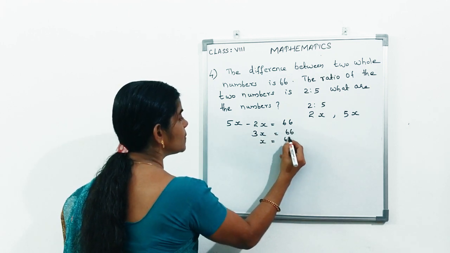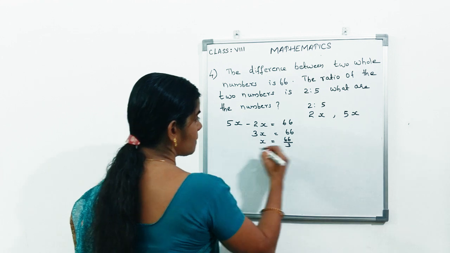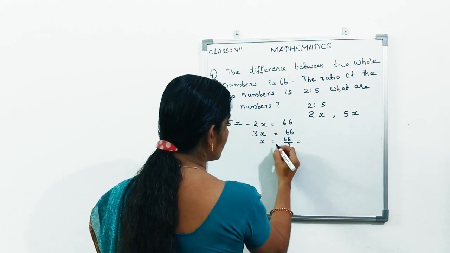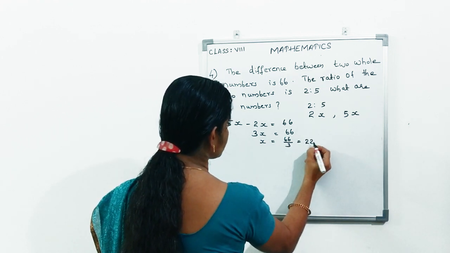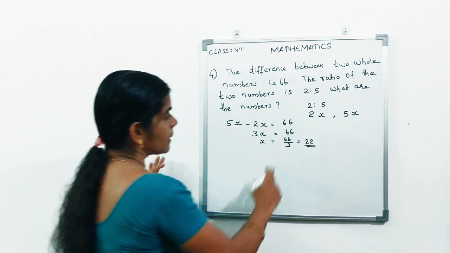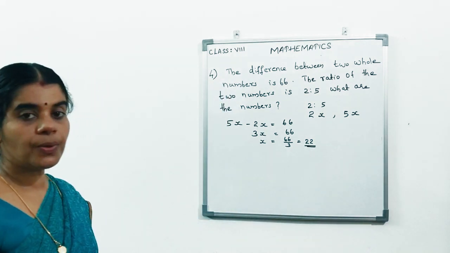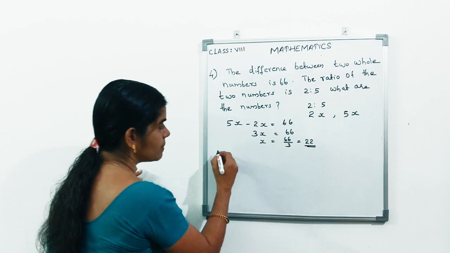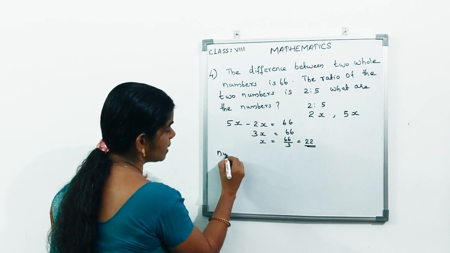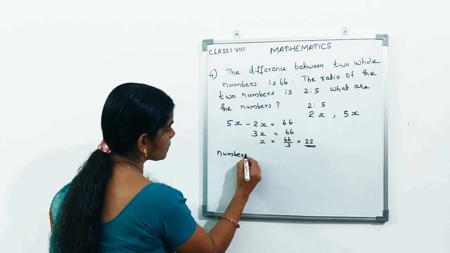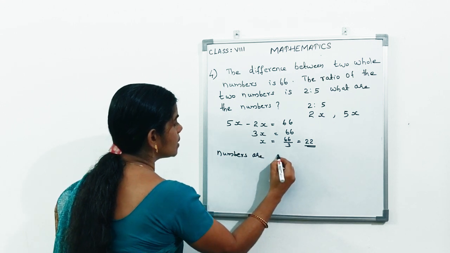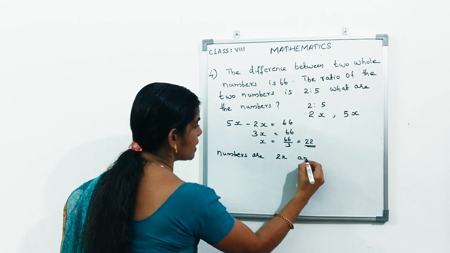x is equal to 66 by 3. That is equal to 22. Then you got the x value. Our numbers are 2x and 5x.